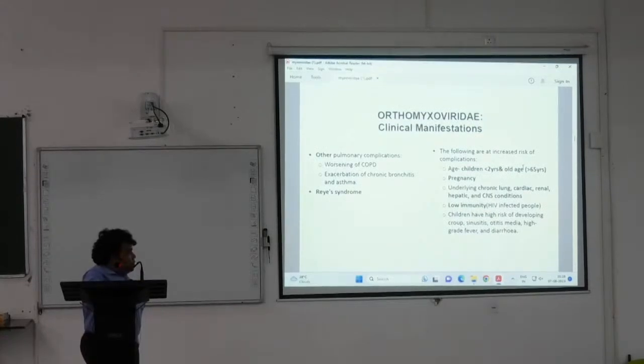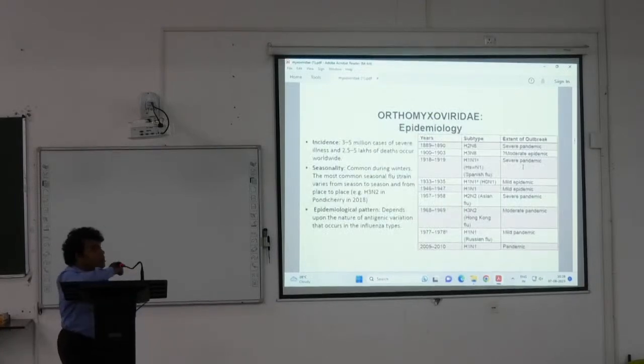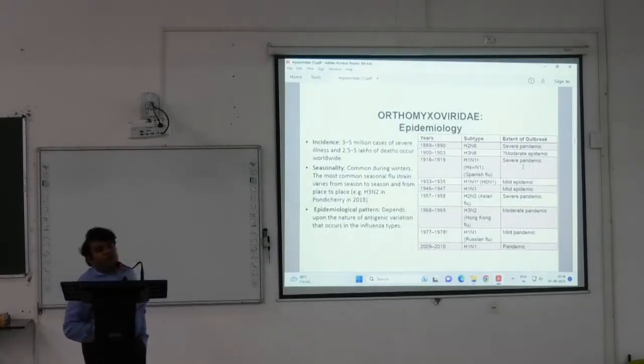Children have a high risk of developing croup, sinusitis and otitis media. These are all secondary bacterial infections that can occur in children. This is important because for prevention there is a vaccine. I will come to it later.